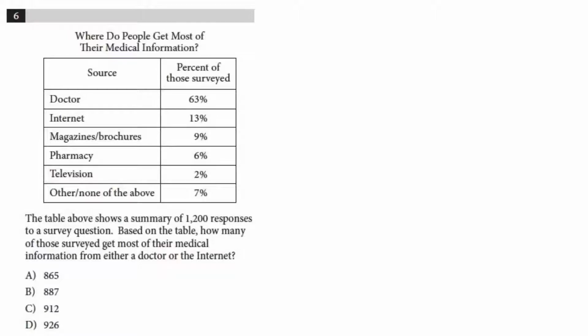Number 6. Where do people get most of their medical information? Okay. The table above shows a summary of 1,200 responses to a survey question. Based on the table, how many of those surveyed get most of their medical information from either a doctor or the internet? So it's either a doctor or the internet. Well, a doctor was 63%, the internet was 13%. Altogether, that's going to be 76%.